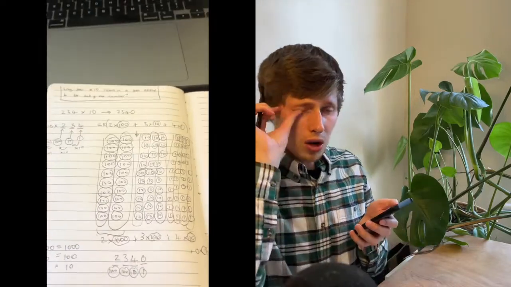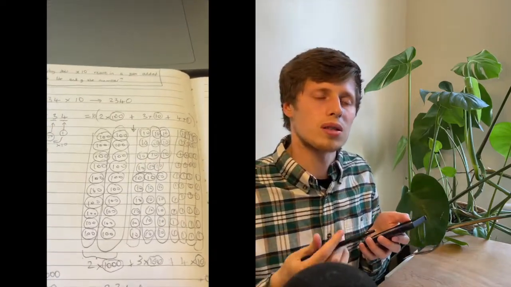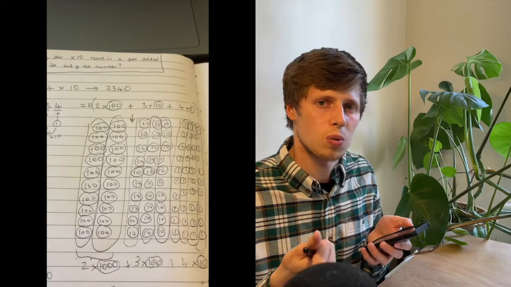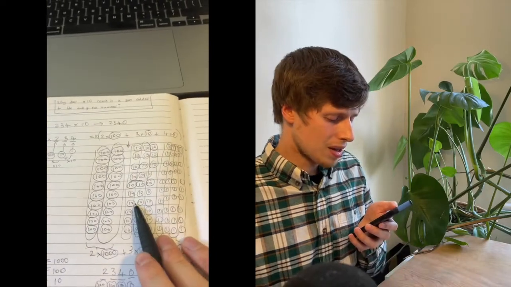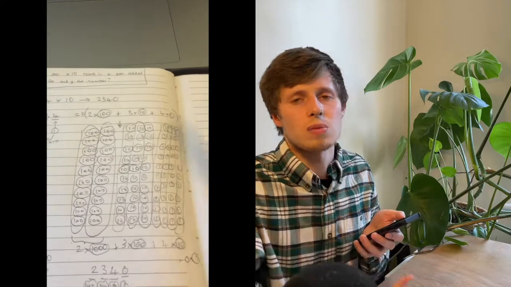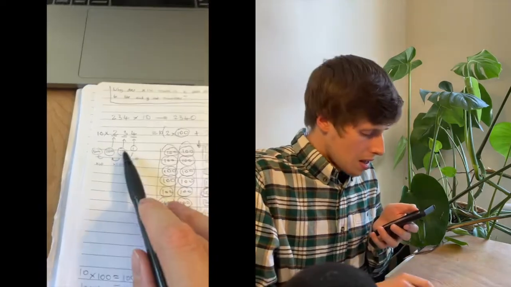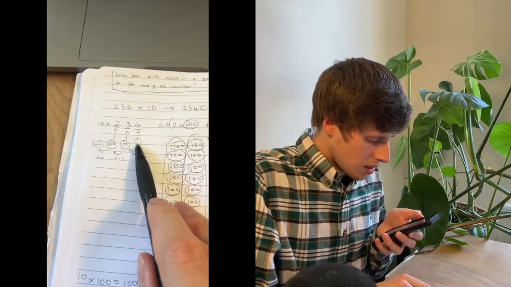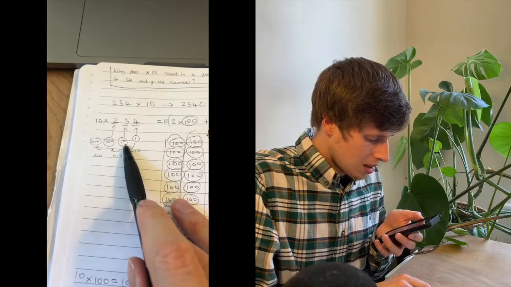And each time you get a coin and times it by 10, because we are dealing with powers of 10, that's the numbers 1, 10, 10 times 10, 10 times 10 times 10, those are the place values that we have. Each time a coin gets copied 10 times, you basically times it by 10. So you're going to the next one along. So this coin here gets times by 10, this coin here gets times by 10.